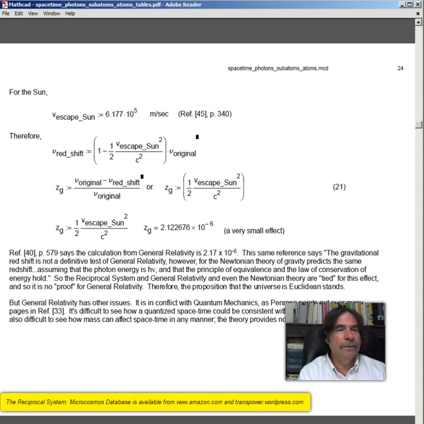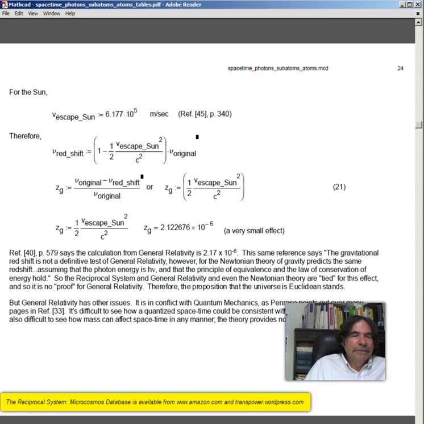And putting this into the redshift z, which is defined as nu original minus nu redshift over nu original, we finally get that z sub g is equal to 2.122676 times 10 to the minus 6th. This is a very small effect.